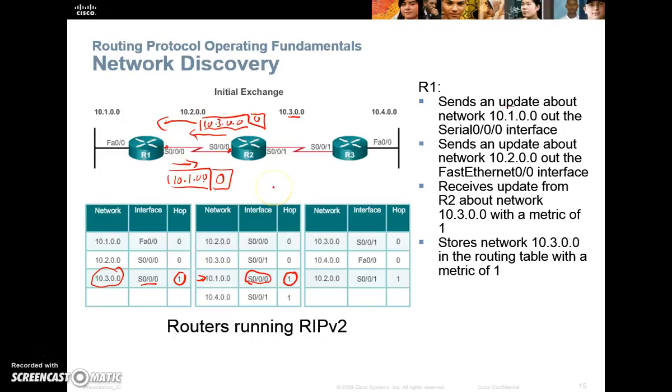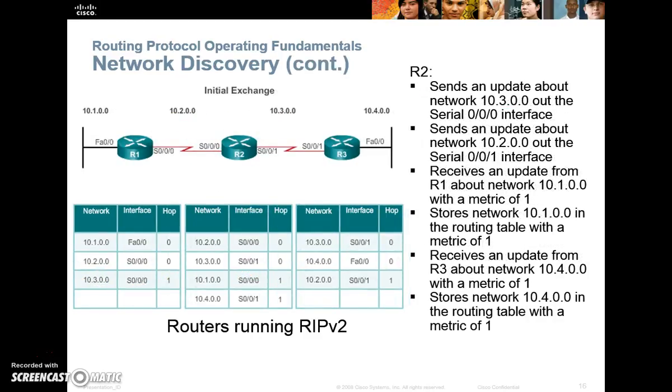Now let's look at R2. Just now we mentioned he sent an update to R1 about the 10.3 network, and he also received an update from R1 about the 10.1 network. So let's cover this side.